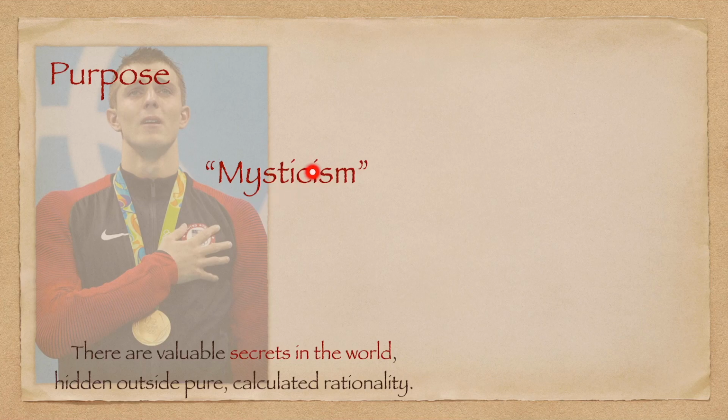When Burke talks about mysticism, he means basically the idea that there are somehow these valuable secrets in the world, and they're hidden. They're not really going to be found by pure calculated rationality. You could read here, they're not going to really be found by dealing with pure calculated materialism, right? Because mysticism often stands in tension with materialism.